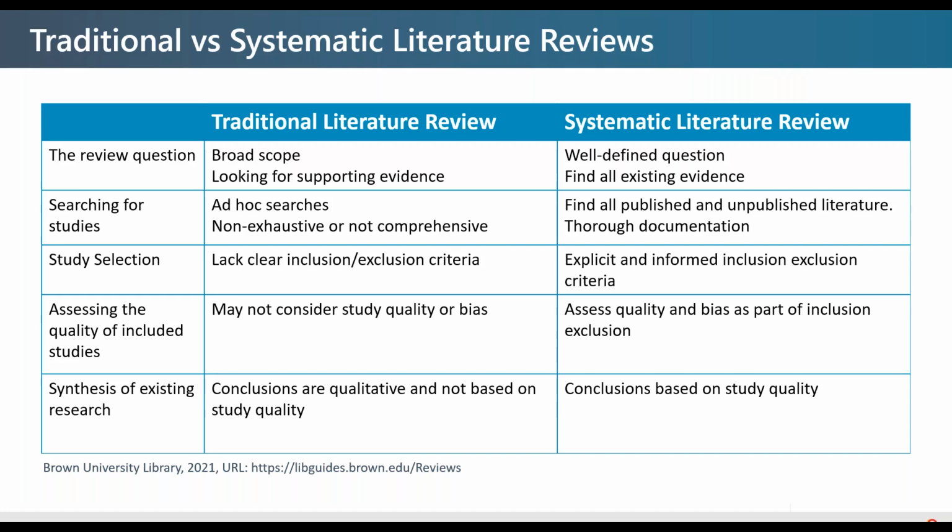Now the traditional lit review is broader in scope. It's not looking for supporting evidence. It has those ad hoc searches. It's really not comprehensive. An example of that would be just searching central venous catheters.